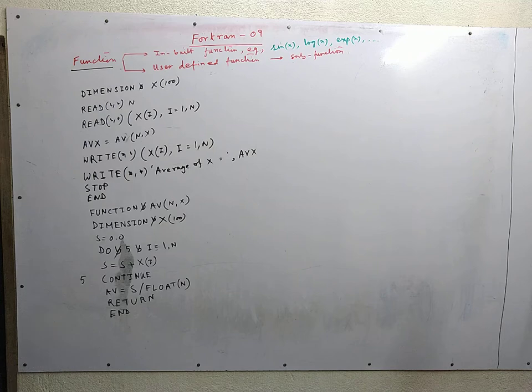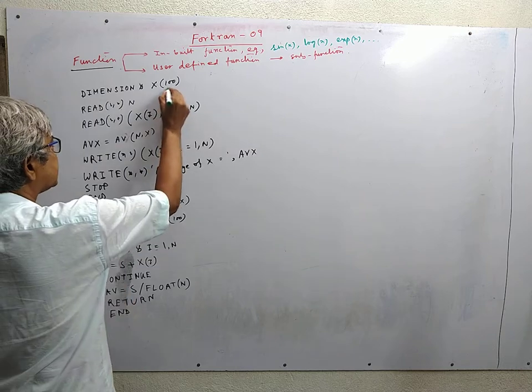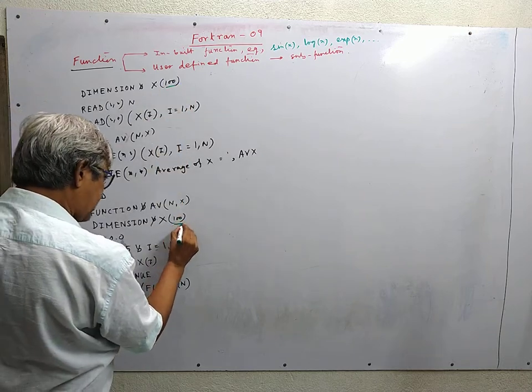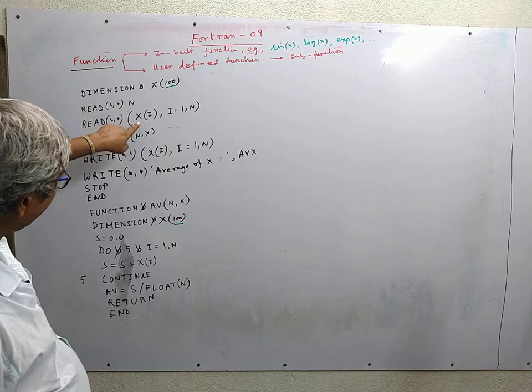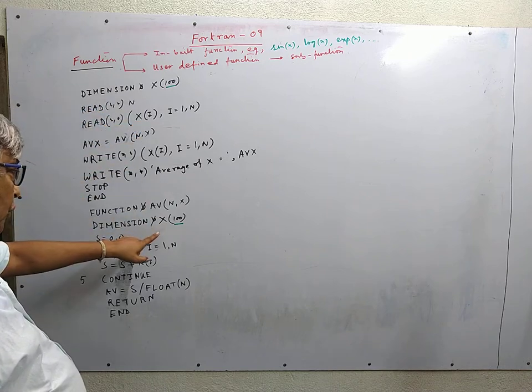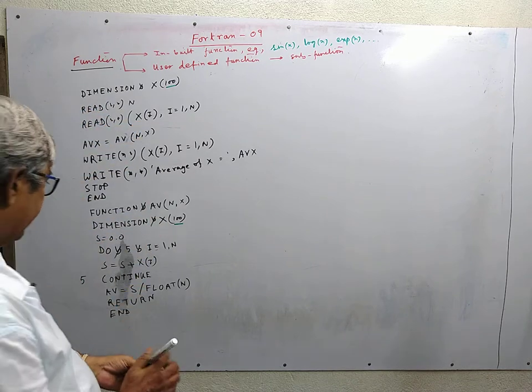It is customary to keep the length of the string same in the main program as well as in the subprogram. It is customary, but the variable name may be anything. Here the variable is a real variable, so you can use any real variable.